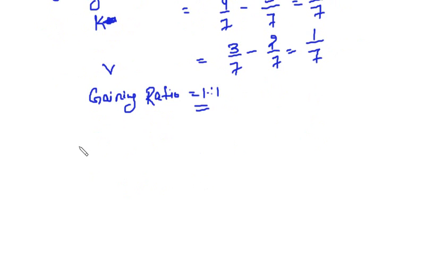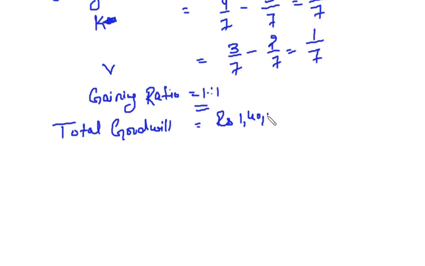Okay. Now, what is the total goodwill given to us? This is rupees 1,40,000. Clear? What is the retiring partner's share in goodwill?